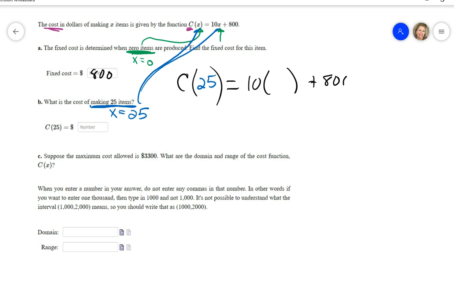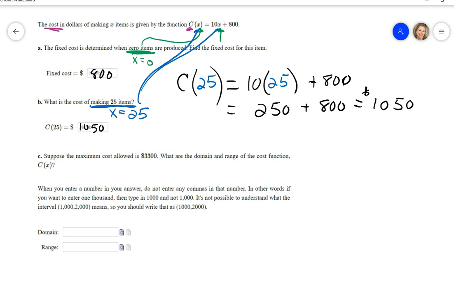So C of 25. 10 times 25 would be 250. And 250 plus 800 would be 1,050. So it's going to cost 1,050 to produce 25 items. All right, so that was a plug and chug.